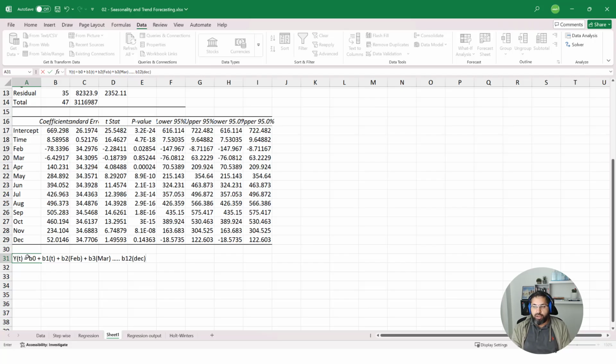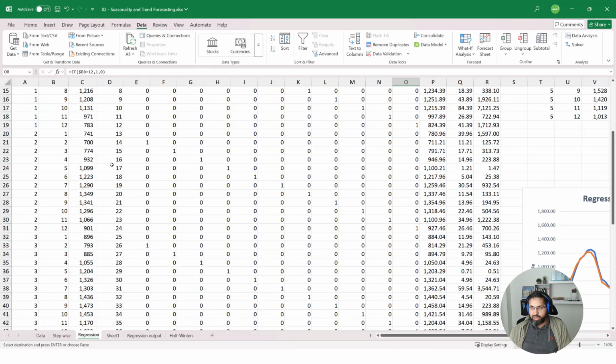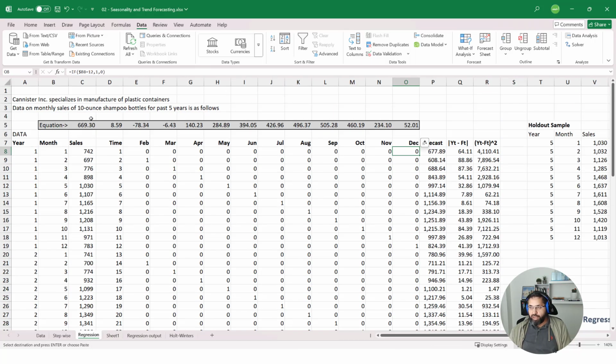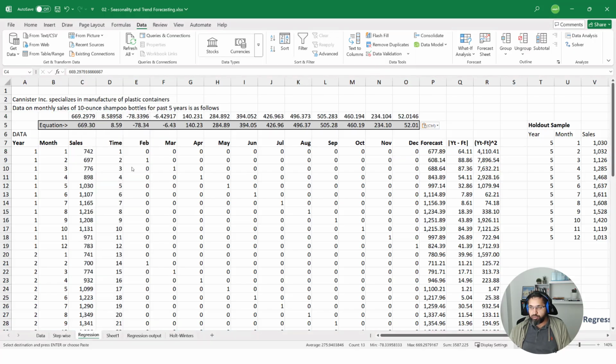Okay, and so what I like to do is I take these values and copy paste them where my data is. I paste them here using paste special and transpose values.